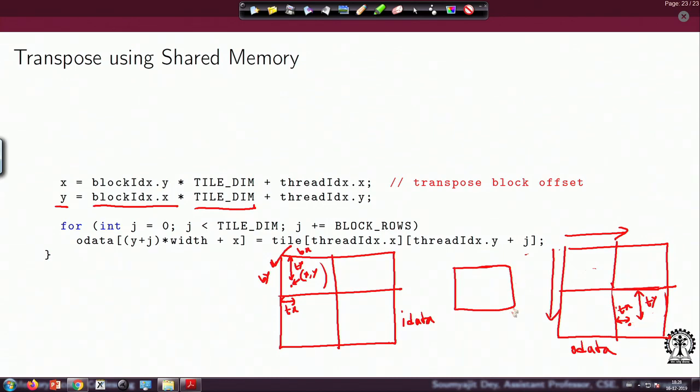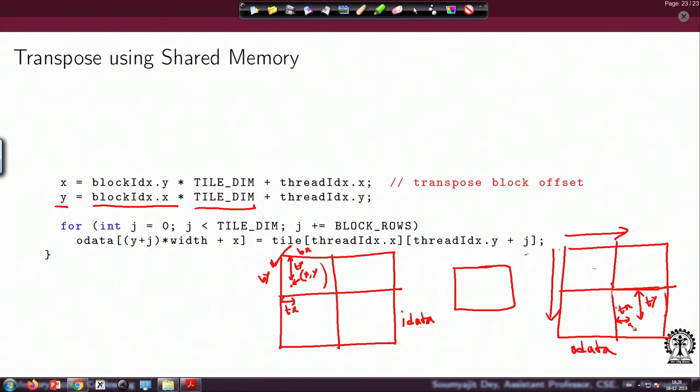Now, what we are really going to do? This is the tile which is containing the data for this block. Now, this tile is going to be written here, right. For a thread which is working on a per-thread basis, it has computed using this x and y relation where it is going to write. So, it is going to write here, right.